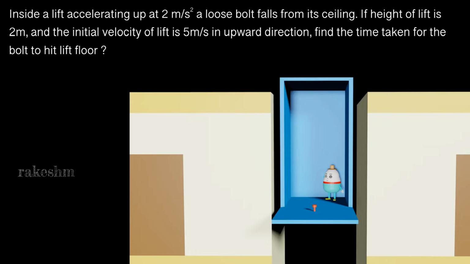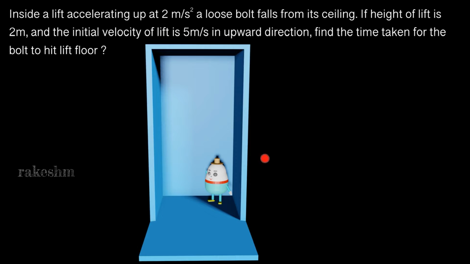So what I will do in my next schematic is I will remove even the buildings, so you will just get to see only the lift, the person and the bolt. So the surrounding building is not visible here. So you're seeing the lift with respect to this person who is standing in the lift.